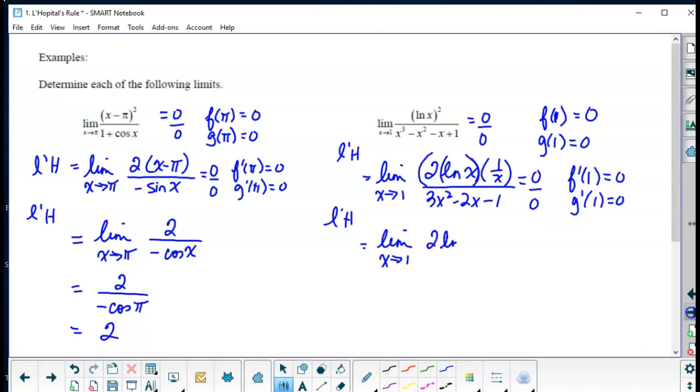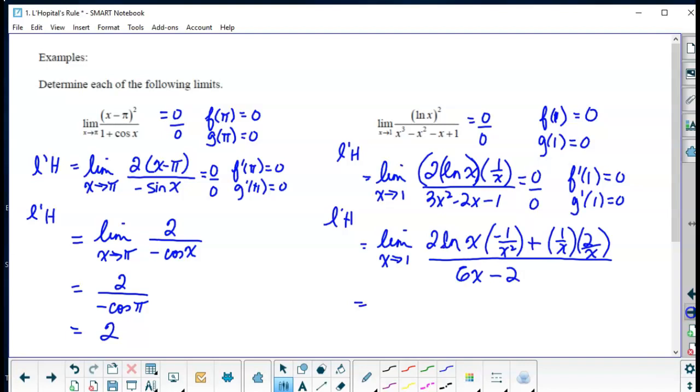So lim, not ln, 2 ln x times the derivative of 1 over x is negative 1 over x squared plus 1 over x times 2, the derivative of ln x is 1 over x, so 2 over x. And that's going to be 6x minus 2.